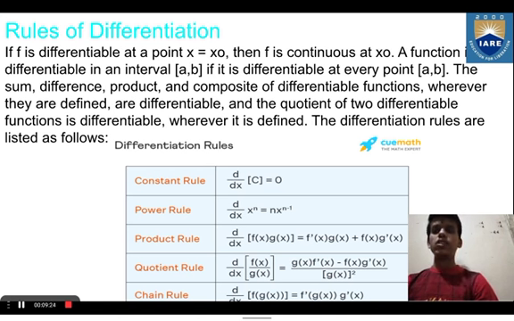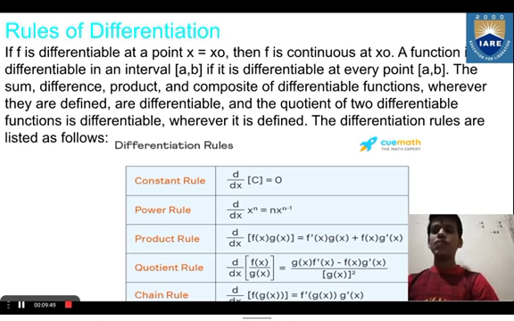So a function should be differentiable at every point in the interval. The sum, difference, product and composite of differentiable functions, wherever they are defined, are differentiable, and the quotient of two differentiable functions is differentiable wherever it is defined. The differentiation rules are listed below in the table.